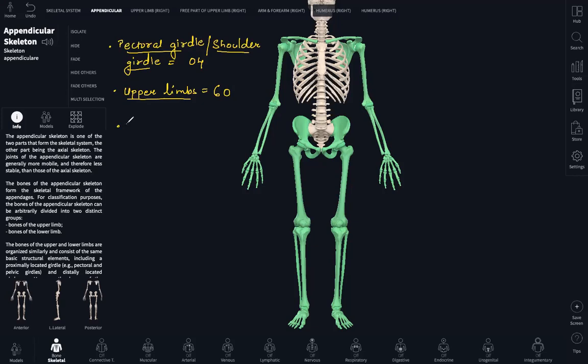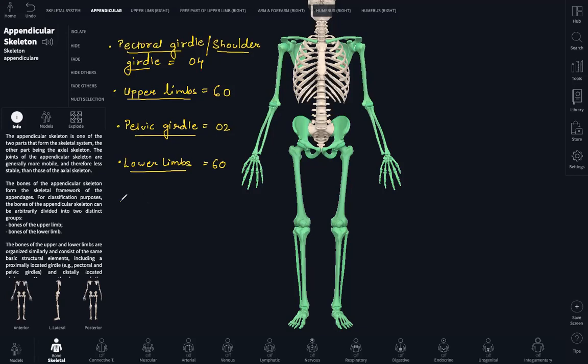Then we have the hip girdle or the pelvic girdle, consisting of 2 bones. And then we have the lower limbs, having 60 bones again.